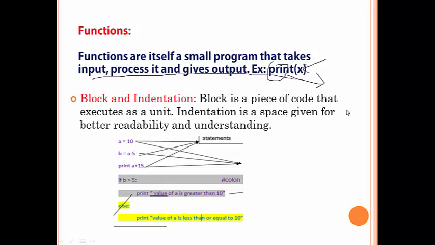Now block and indentation, I have just covered. A block is a piece of code that executes as one unit. Indentation is a space given for better readability and understanding. Here, this is called indentation. We have already learned about it. Next we are going to cover variables and assignment. I think you already know about variables.